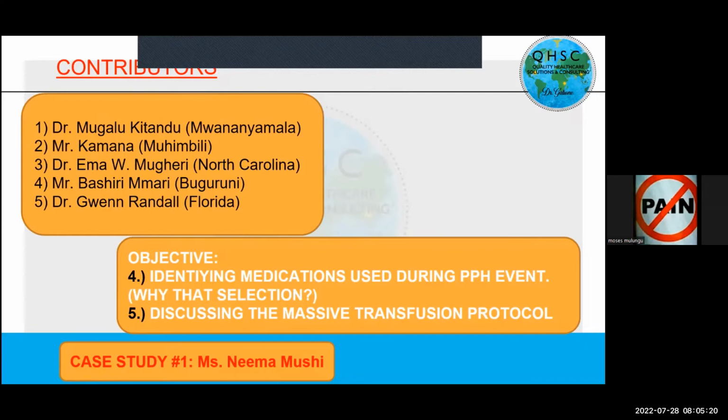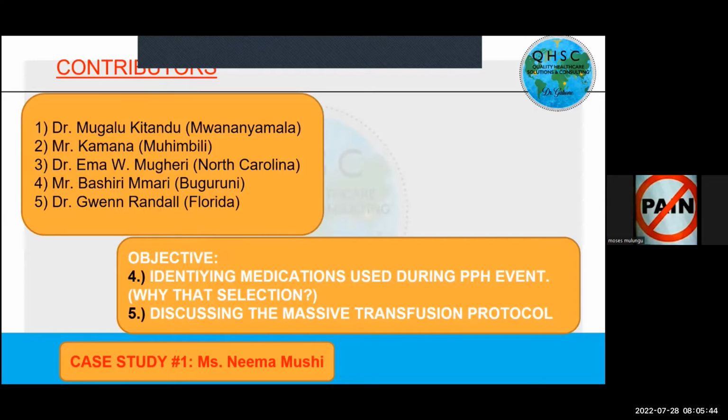For instance, in Muhimbili, it was difficult to get blood products like platelets, or even blood itself sometimes was a problem. In Tanzania, for a woman to get more than 4 units, you must be lucky if you are bleeding.